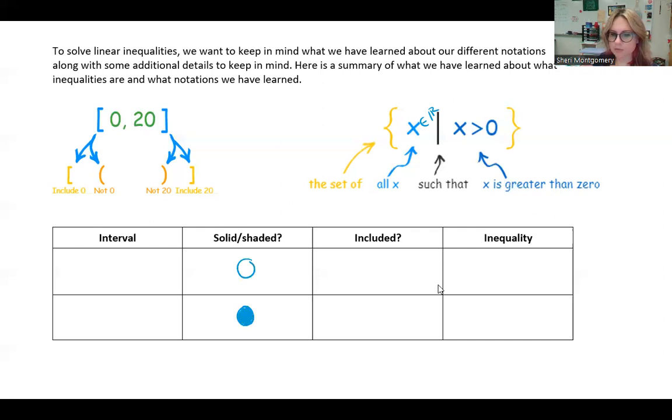Remember that sometimes the circle is open, sometimes the circle is shaded, or it could be a line that keeps going. If the circle is empty and you split it apart, that's the one that makes the parenthesis sides, and it could only be one side, it doesn't necessarily have to be both. And the solid is what makes brackets when you're creating an interval.